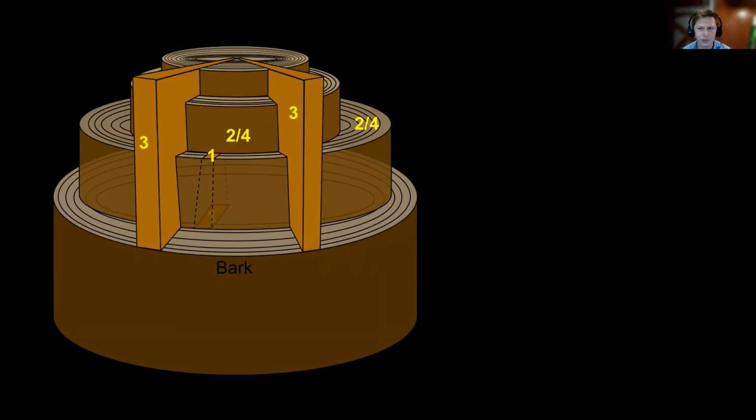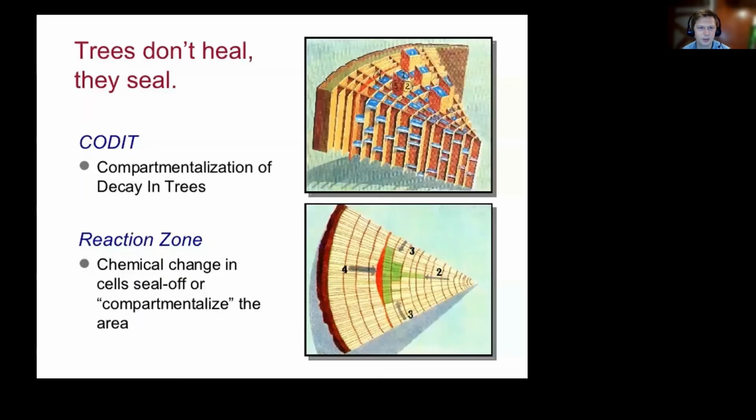And so I'll point this out from another perspective. Focus on this lower diagram. You can see how the rays and the growth rings all cooperate to contain an event that occurred at some point.